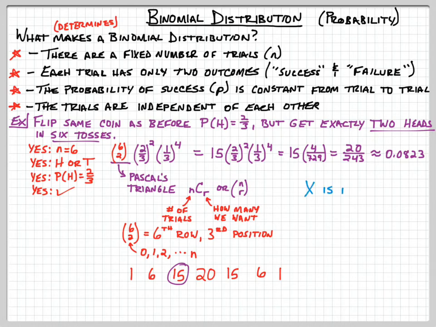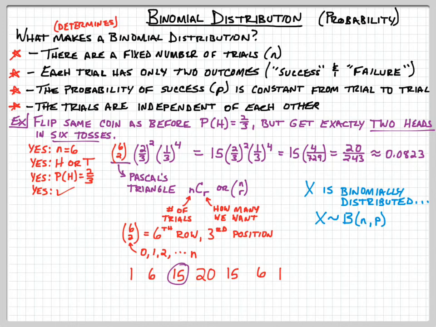Let's look at the summary. X is binomially distributed when we say X squiggle B(n, p). This is the notation that we use to say that we're talking about a binomial distribution.